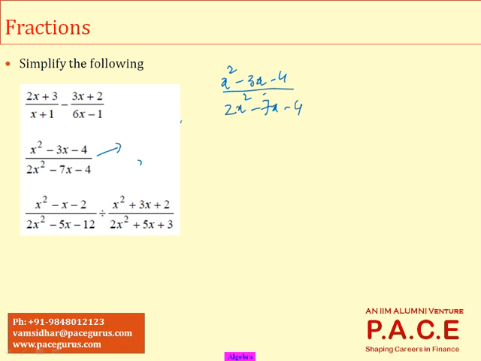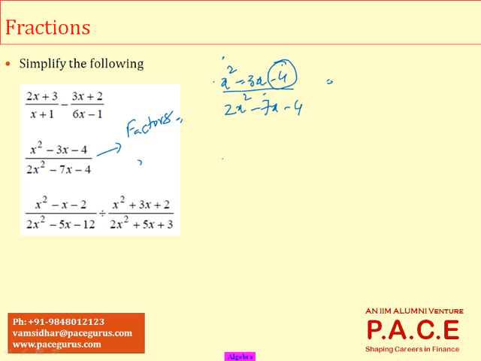This is called the method of factorization. You break it into factors. How do I break it into factors? If I have a quadratic equation like this, I have to identify the two factors.